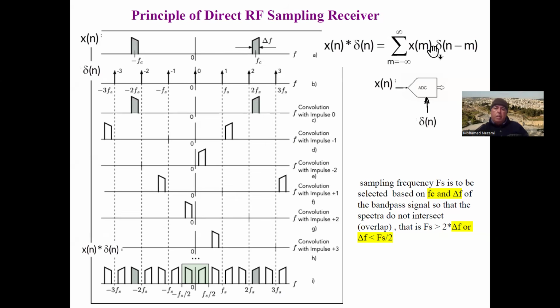Now, what we're doing when we're digitizing a signal is convolving this signal with this. Notice here that I did not specify the frequency of Fs, but the frequency is much less than the center frequency of the modulated signal. This signal has a bandwidth delta F, which is the information bandwidth placed on that carrier.